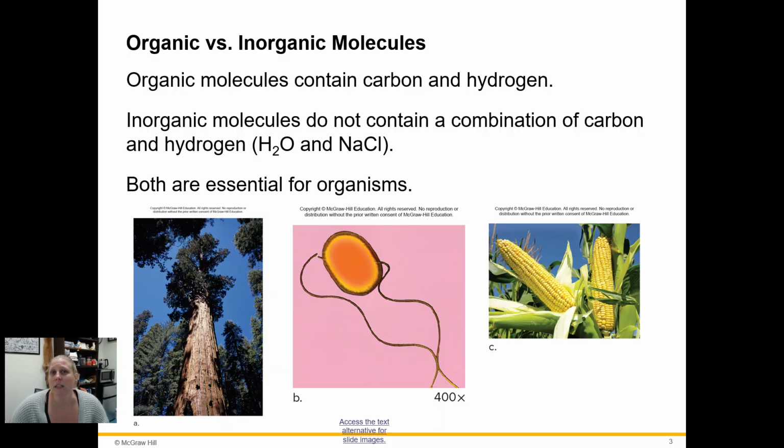Now, you still need a lot of those for daily functionality and well-being. I know we talked a little bit about how some of those elements that we don't see as the big component parts of a living organism are still really important. Things like iron and magnesium, iodine, those sorts of things keep you healthy. But in reality, when we're talking about our macromolecules or biomolecules, what we are talking about is organic molecules.